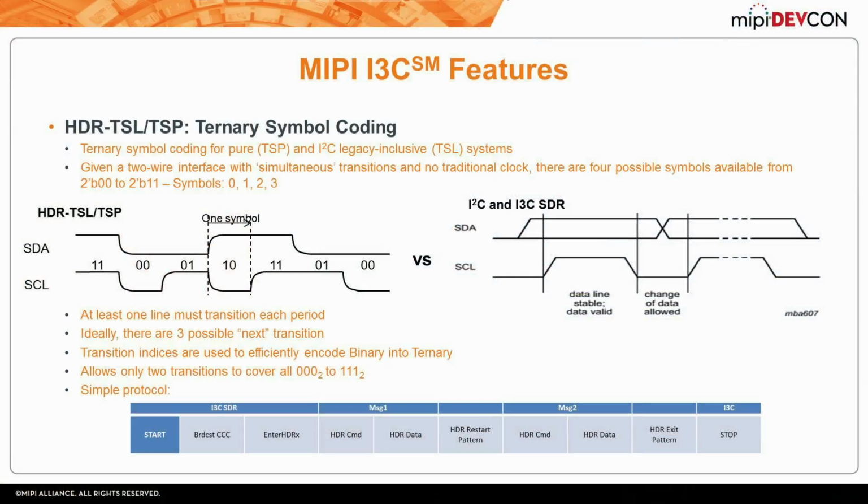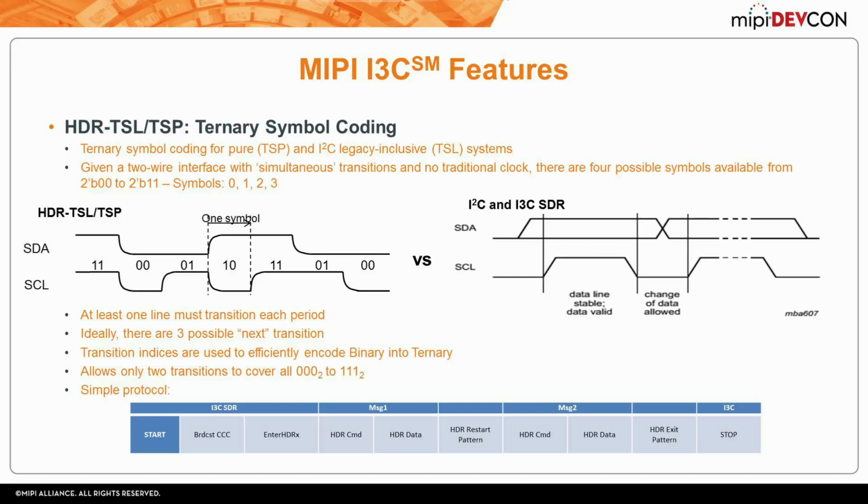Ternary symbol transcoding, so given a two-wire interface with simultaneous switching of the line, so divorce yourself from the idea of a clock and data line. You just have two lines which can change. In the transition of those lines, you can encode 0, 1, 2, and 3, so ternary symbols.